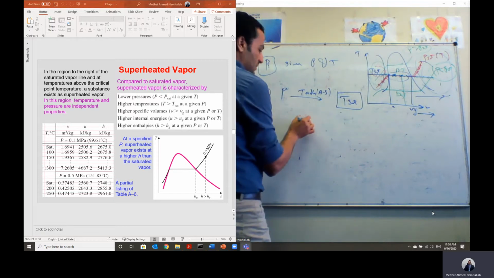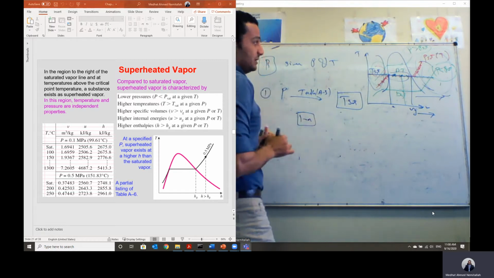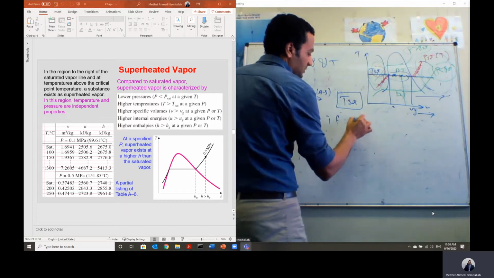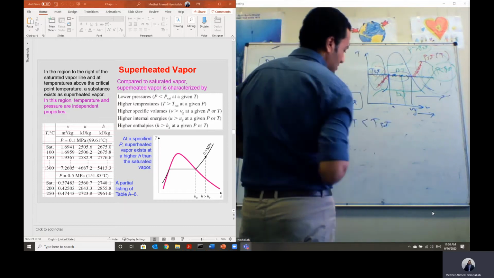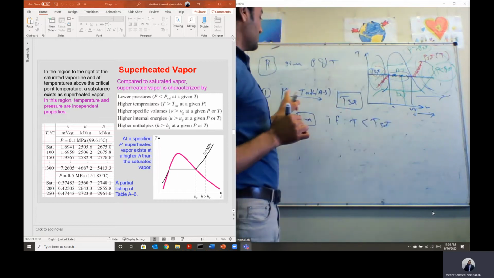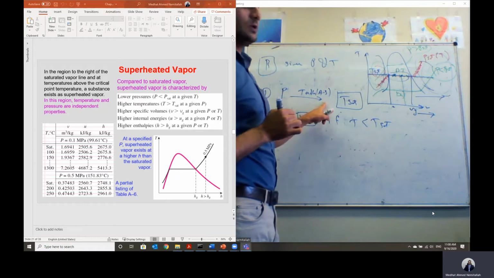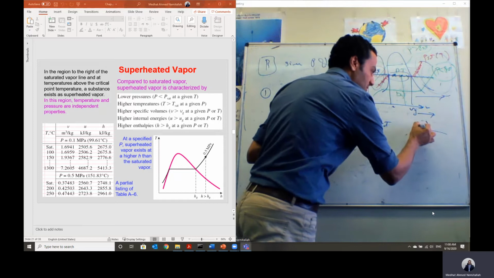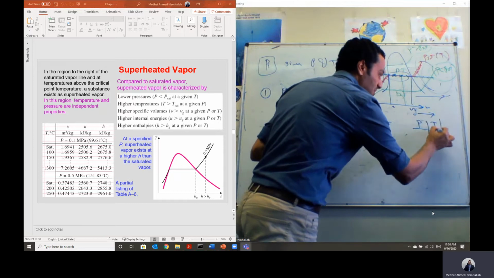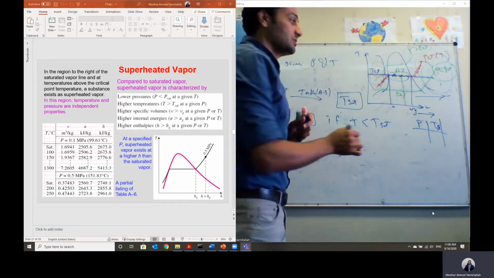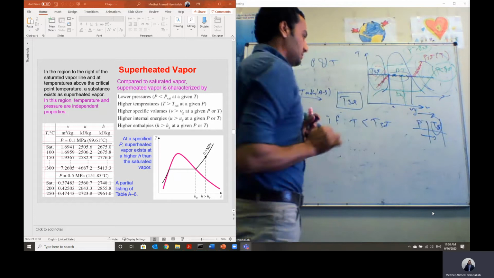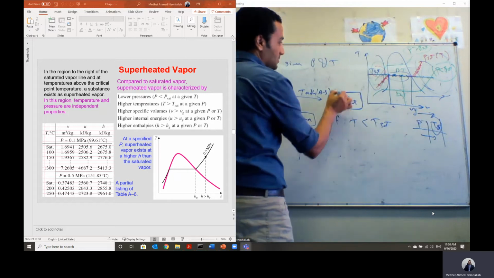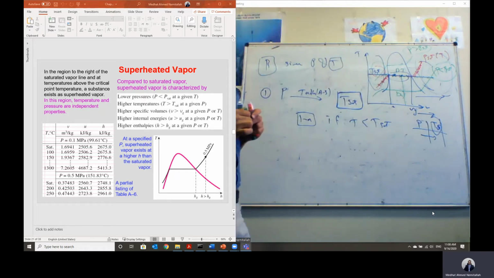In option 1A, from table A5, you will find the pressure is given, and beside the pressure, the saturation temperature is given. So at this pressure, I can get the value of saturation temperature and compare it with the given temperature.